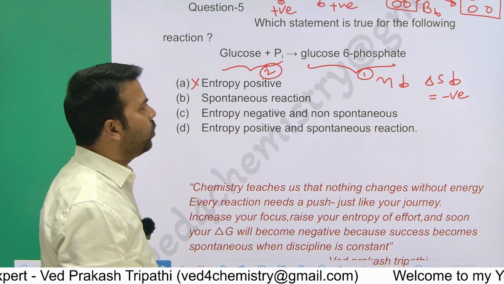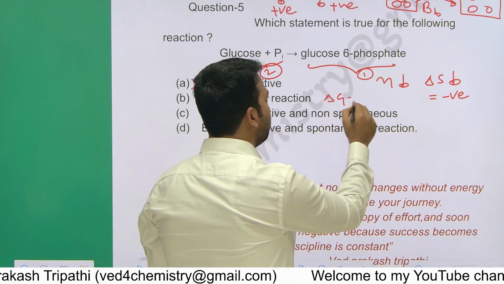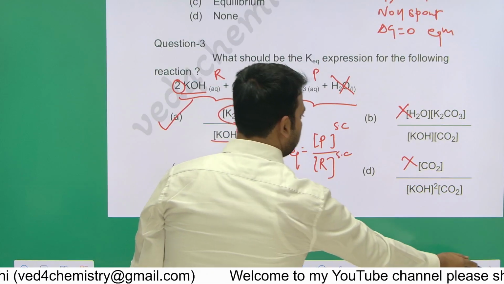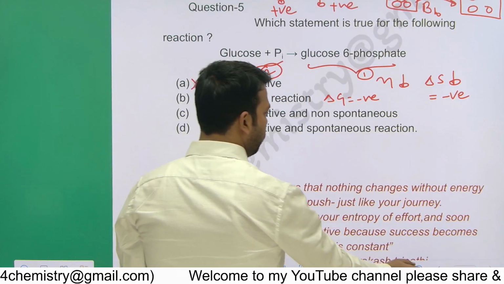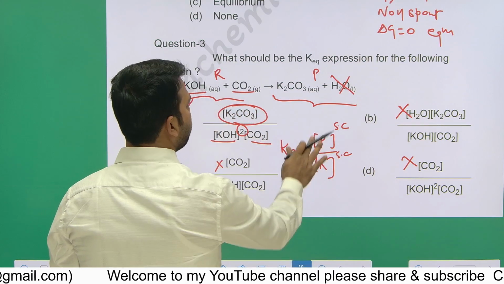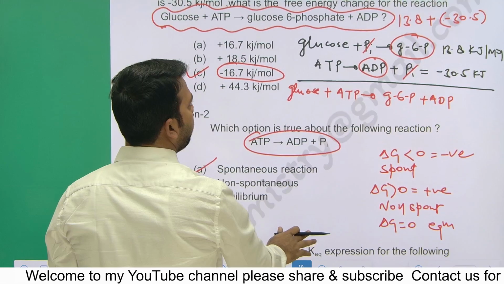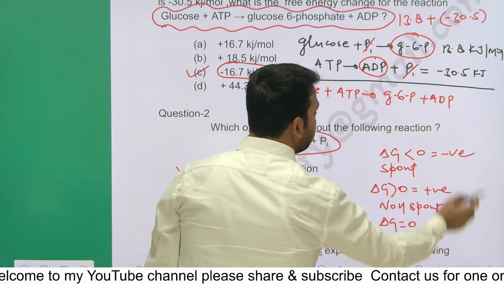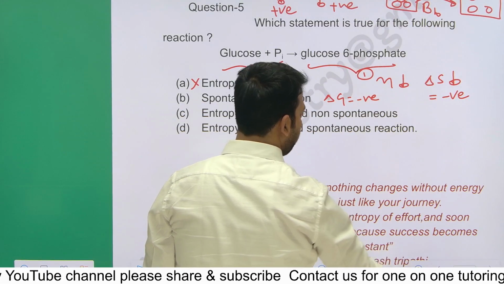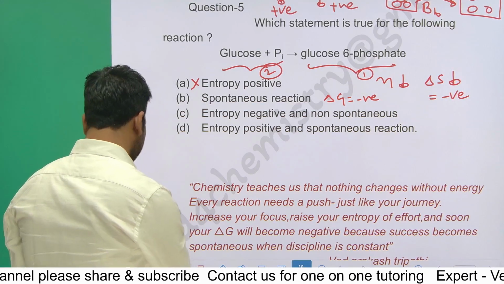Glucose plus Pi gives glucose 6-phosphate, and this is spontaneous. It means the delta G must be negative. So let me check the delta G value first of all for this reaction. Glucose 6-phosphate. Yeah, this value is positive here. You can see 13.8. So this value is positive, that means non-spontaneous.